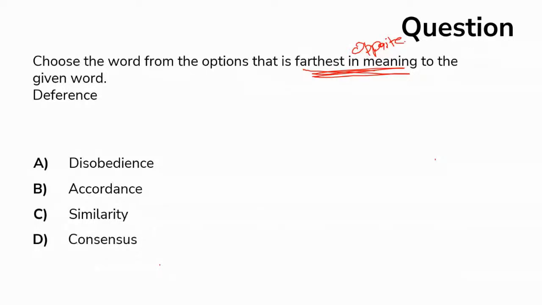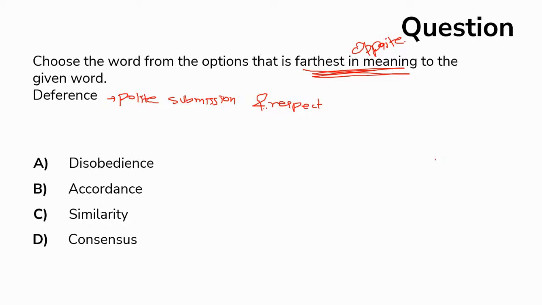So first one, the meaning of the word deference is polite submission and respect. So it can be seen that it is positive and hence the antonym should be a negative word.